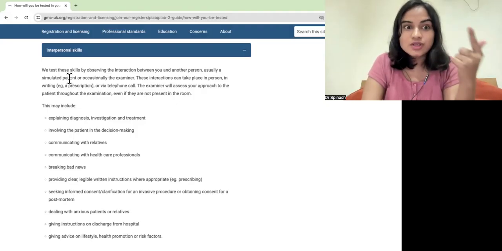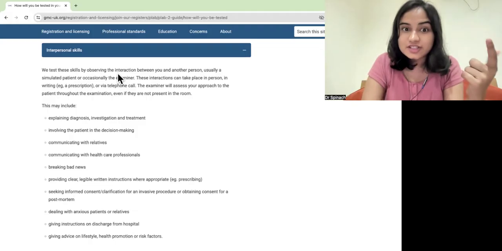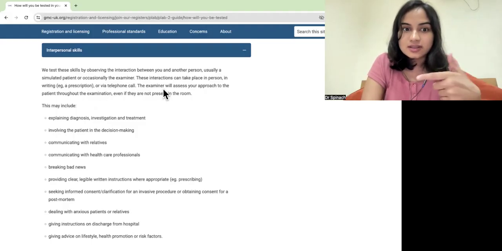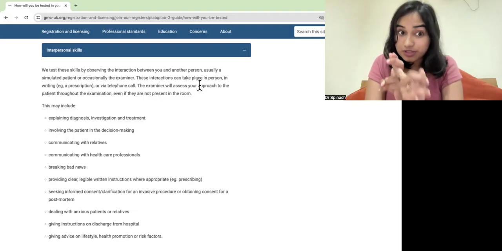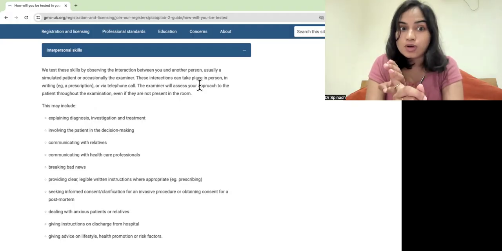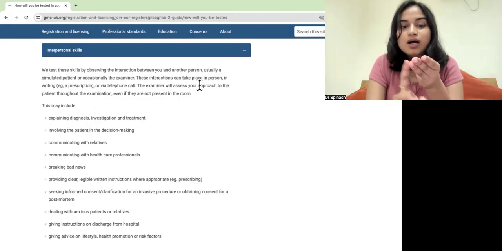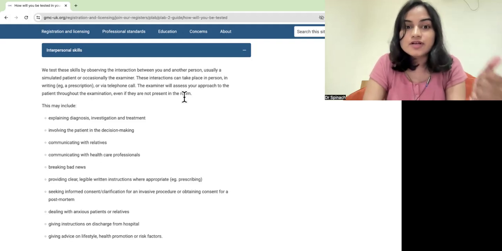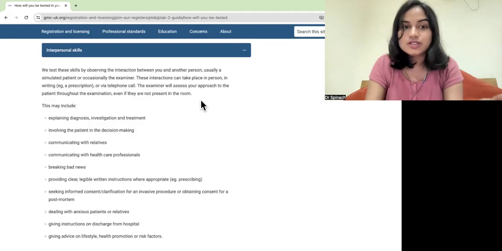The examiner tests you by observing the interaction between you and another person, usually a simulated patient, and sometimes an examiner. These interactions can take place in person, in writing, for example a prescription, or via a telephone call, which can be an audio or a video call. The examiner will assess your approach to the patient throughout the examination, even if they are not present in the room.